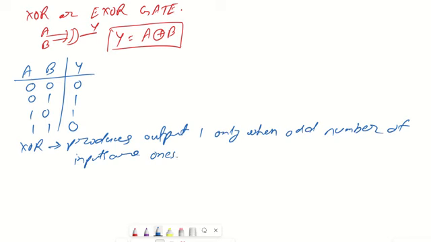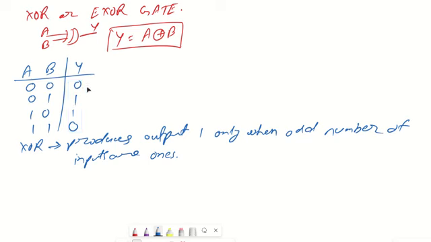You can see the number of ones here is 1, so it is giving you 1. The number of ones is 1 here, so it is giving you 1. The number of ones is 2 here, so it is giving you 0. The number of ones is 0 here, which is also an even number, so that's the reason the output is 0.